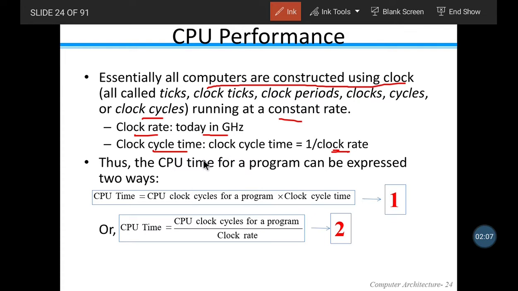By taking clock rate and clock cycle time, we get an equation where CPU time for a program can be expressed in two ways.